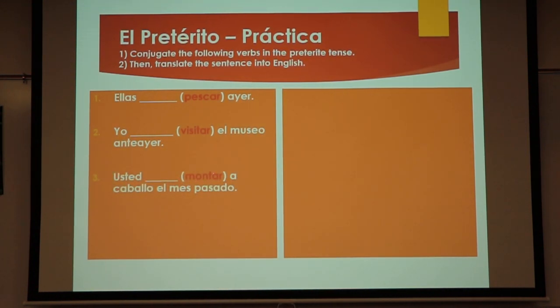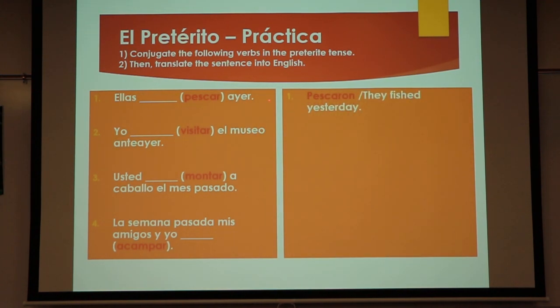Number 3: Usted blank montar a caballo el mes pasado. And number 4: La semana pasada mis amigos y yo blank acampar. Pause it here and do it yourself, and then check your answers.